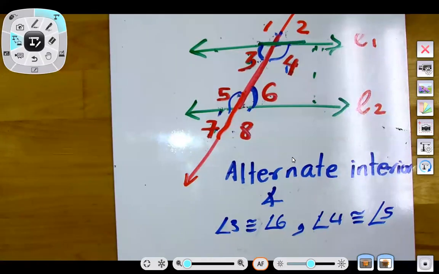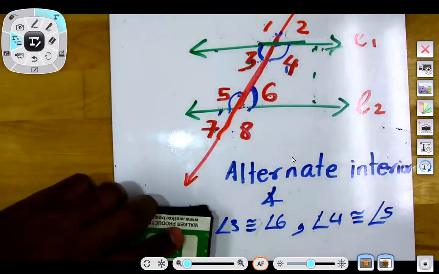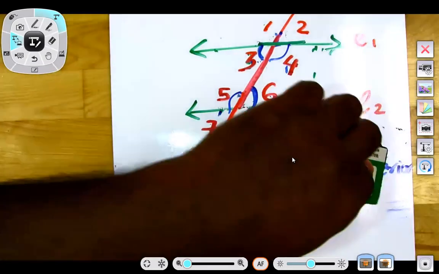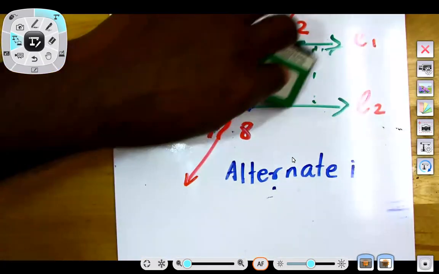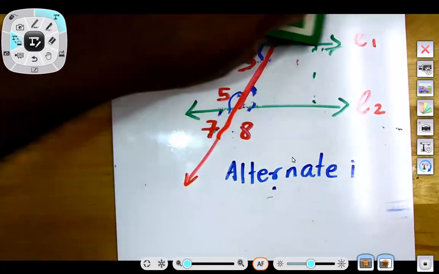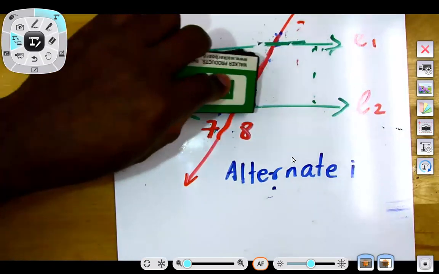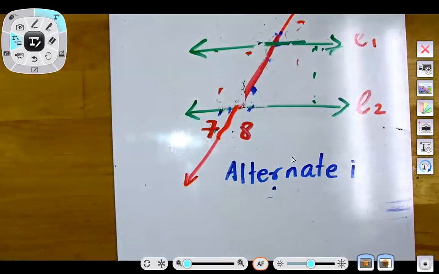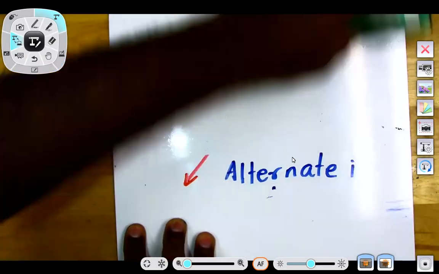Now, if you look at it now, I'm just going to erase that and redo it again.